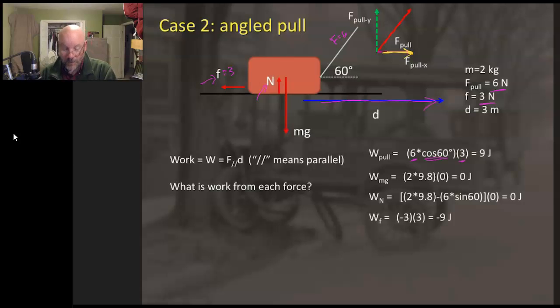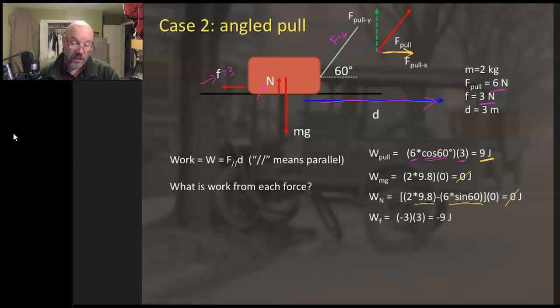So I have to use that horizontal component of my pull in order to calculate the work that we do, and that's a 9. Once again, the weight, there's no motion that way. The normal force, even though it is more complicated, there's still no motion that way, and so we still don't get any contribution.